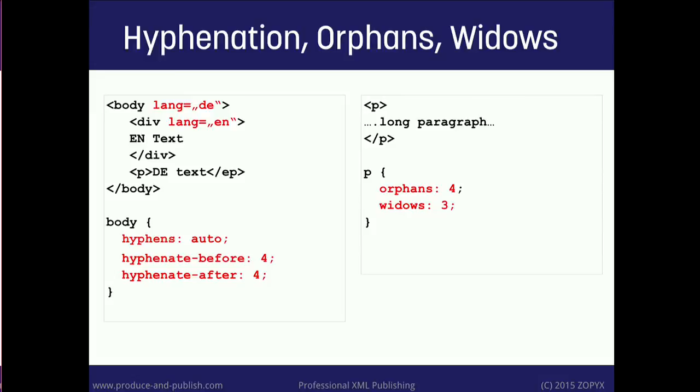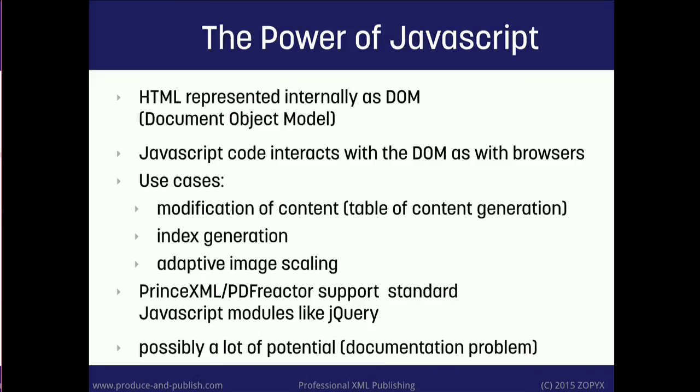For example, in this case, we have a German element with German on the top level, but you can also mix hyphenation by saying, okay, there's some English text, and set lang equals en, and then configure hyphenation. I'm skipping a slide about JavaScript.